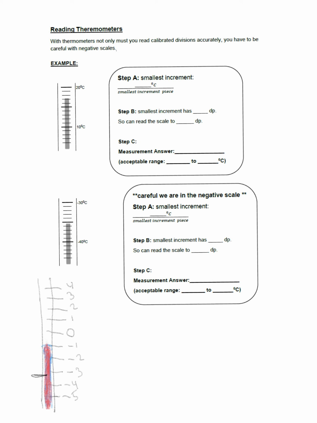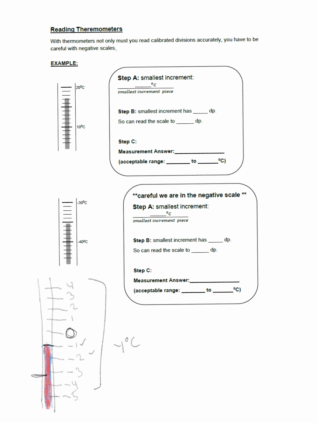What I did down here is show you both scales. I have zero here, and if the temperature is less than zero, you can have negative numbers. If I have a temperature that goes up to here, it's about -1, let's say it was Celsius.